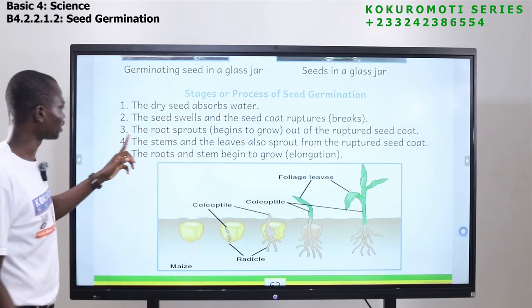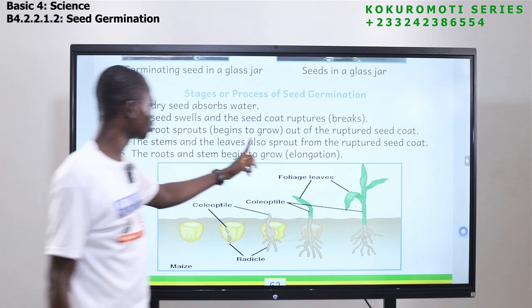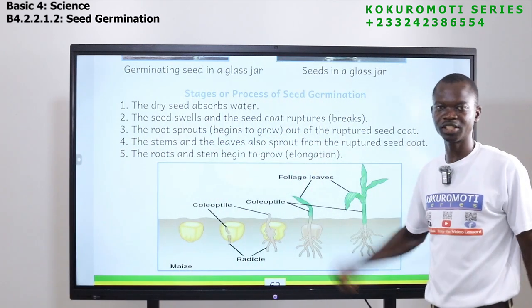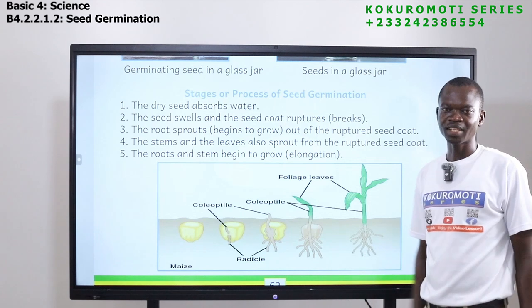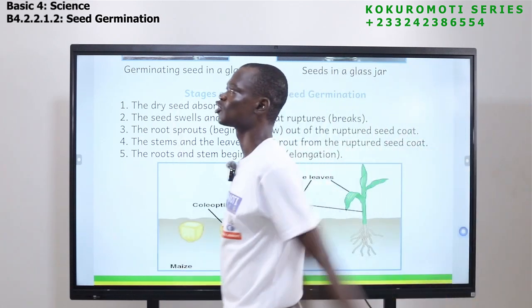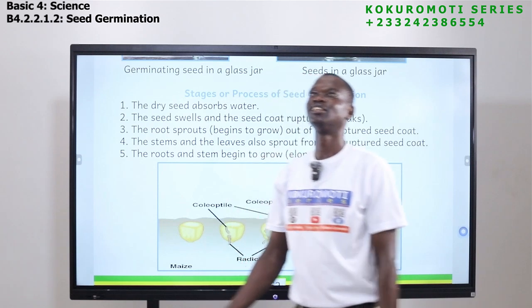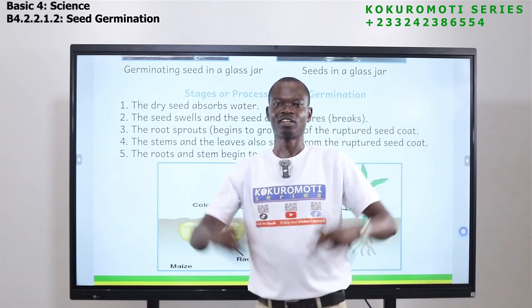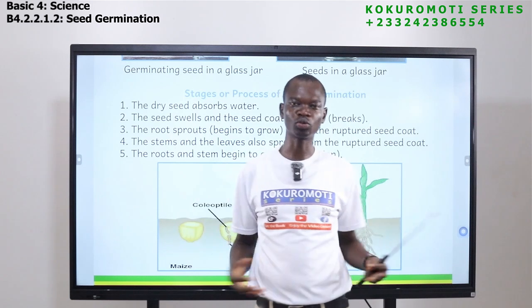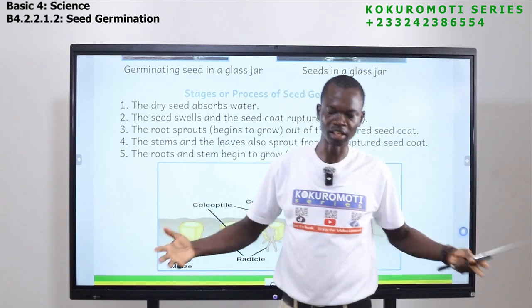Okay, the next one, the root sprout begins to grow out of the ruptured seed coat. So when the coat is removed, what comes out first is the roots. So water is needed. After the water has been absorbed, the seed coat will swell and then rupture.